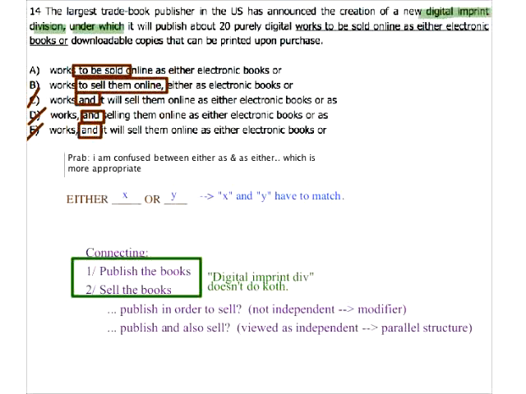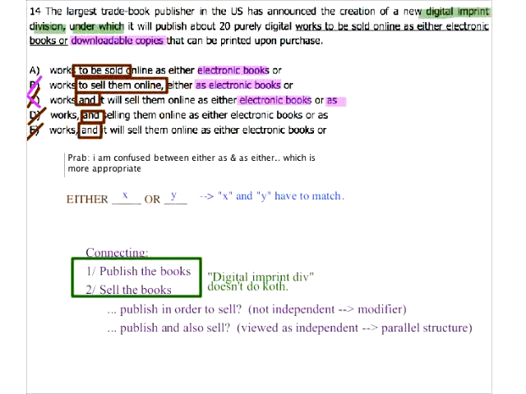In A, this is just electronic books, and that's downloadable copies, so A is parallel. In B, this is as electronic books, and this is just downloadable copies, so B is not parallel. We've already eliminated the other choices, but let's see how they do. In C, either is followed by electronic books, and or is followed by as downloadable copies. That's not parallel.